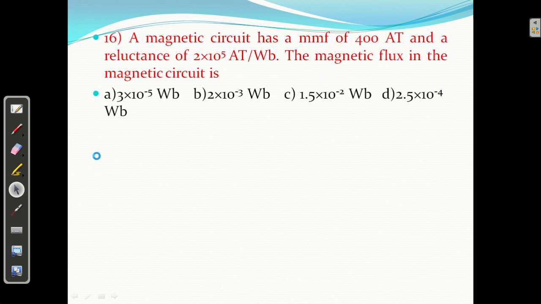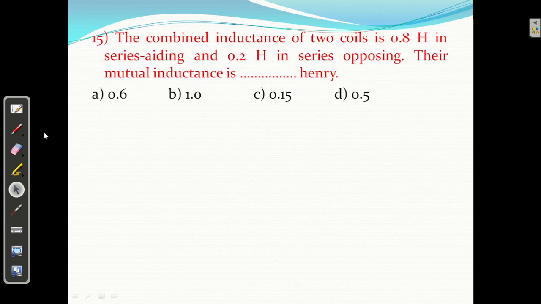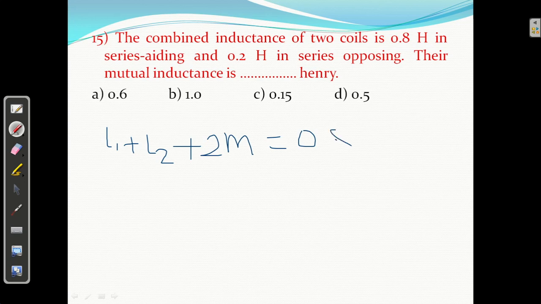We know the formula L1 plus L2 plus 2M, it is given 0.8. Second equation, when these two coils are connected in series opposition, L1 plus L2 minus 2M equal to 0.2.